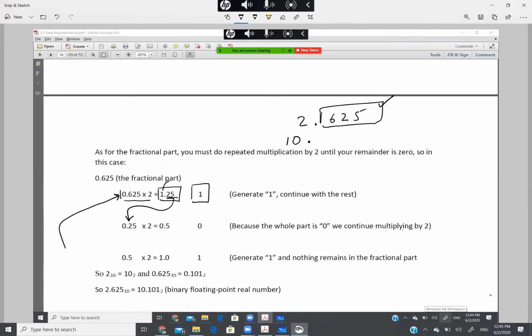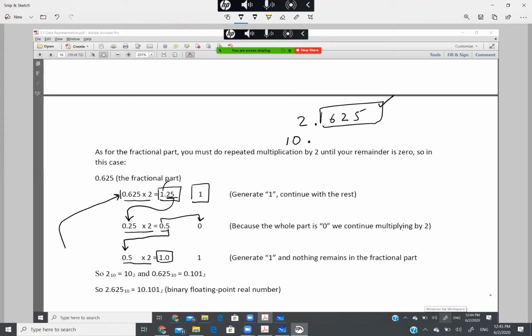So 0.25, again multiplied with 2, the answer is 0.5. You take this part here and you multiply the remaining portion with 2 again. And you keep doing this until you get an answer like 1.0. If you get 1.0, you will not multiply with 2 further.